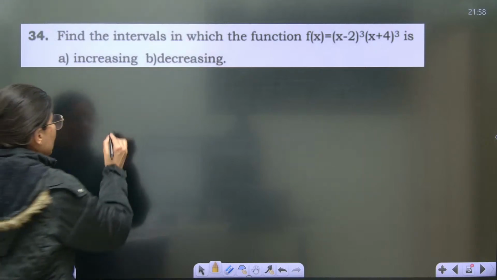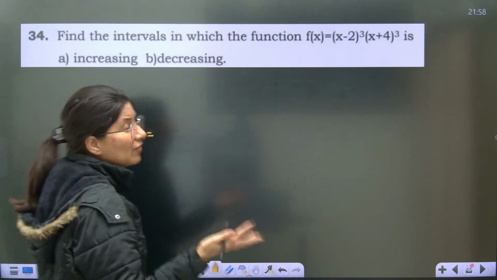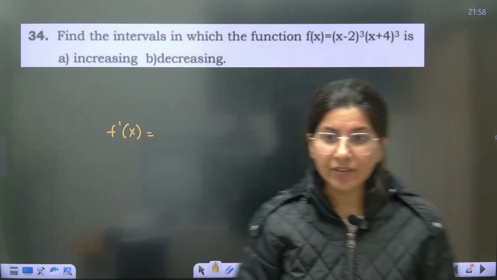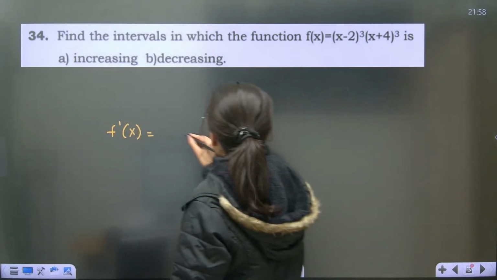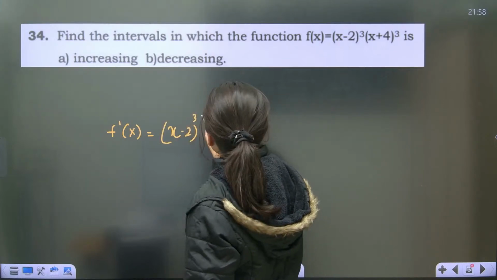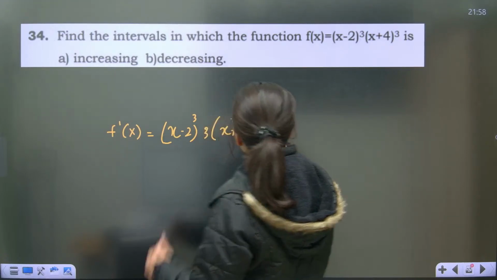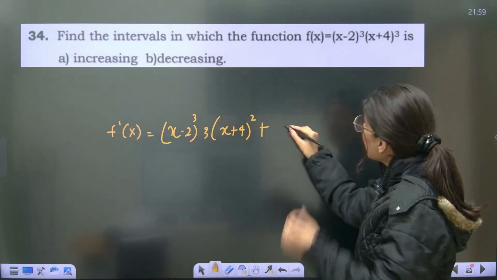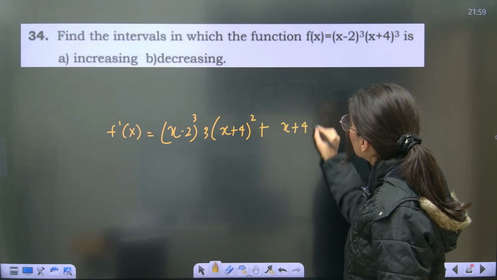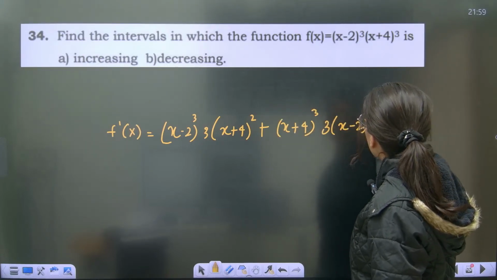So obviously we have to find f dash x first. Two functions, so again we apply the product rule. This time (x minus 2) cube is constant, and we differentiate the other, plus, this time (x plus 4) cube is constant, 3(x minus 2) square.